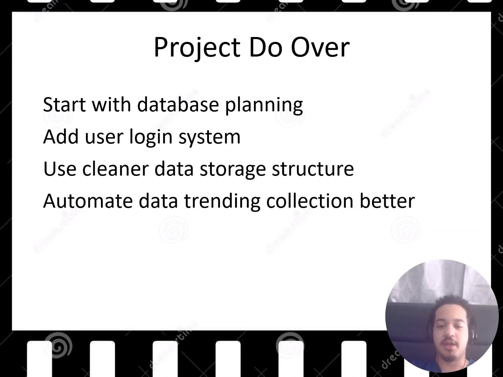Error handling and logging was something that I ended up adding later because, when stuff wouldn't work, I should have set that in place in the beginning. These improvements would have saved me some time, and the automation of the data trending collection using the Windows Task Scheduler for the first time.